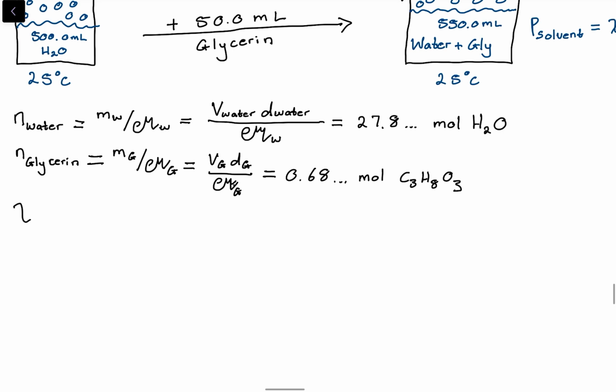We can calculate the mole fraction of water, which will be the number of moles of water divided by the total number of moles, which is the moles of water plus the moles of glycerin. And you should see water completely dominates, which makes sense.